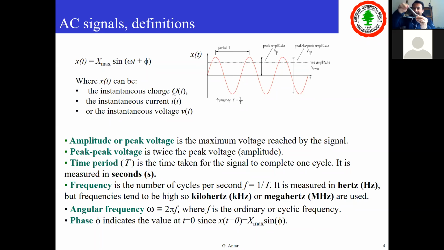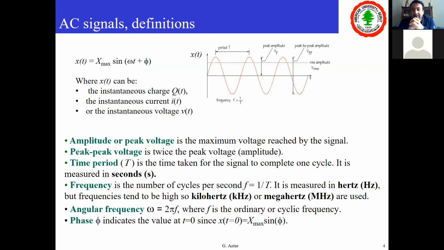How fast this angle changes is your angular frequency, in radians per second. So radian is the angle, and radian per second is the angular frequency, or basically how fast this angle is changing. Is it slow or is it fast? It's equal to 2 pi f, where f is the frequency, and T is the period, okay.